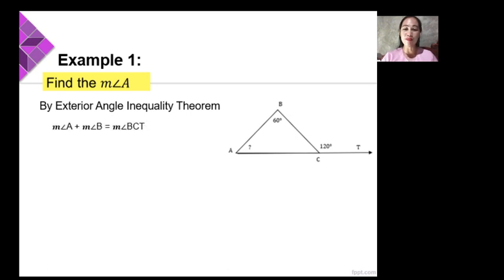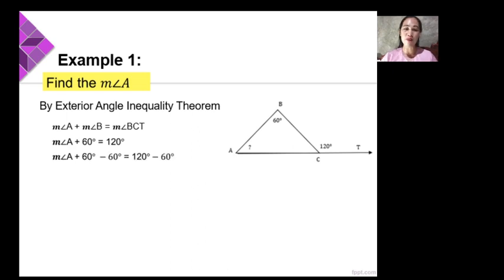We know that the sum of the measurements of the remote interior angles is equal to the measurement of the exterior angle. So we have now the measurement of angle A plus 60 degrees is equal to 120 degrees.